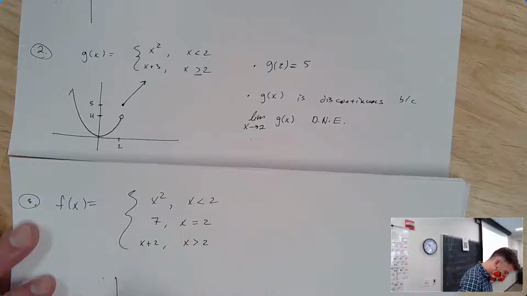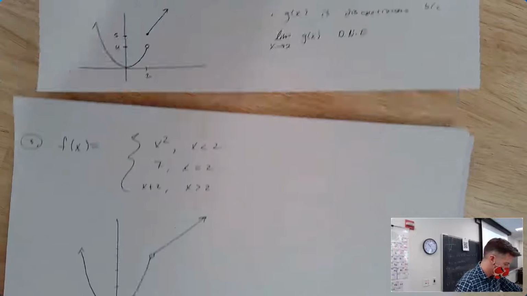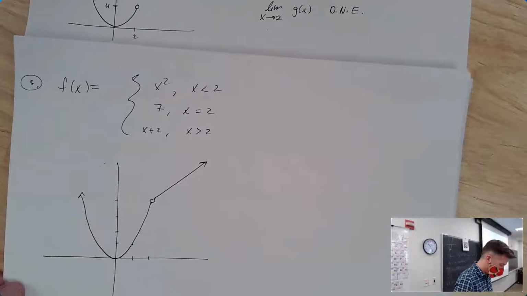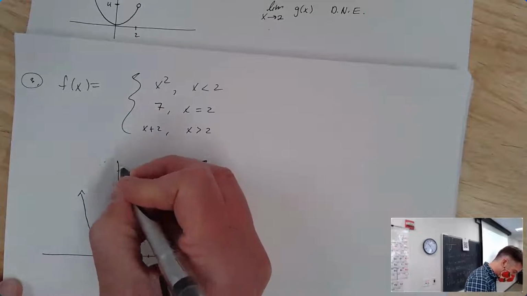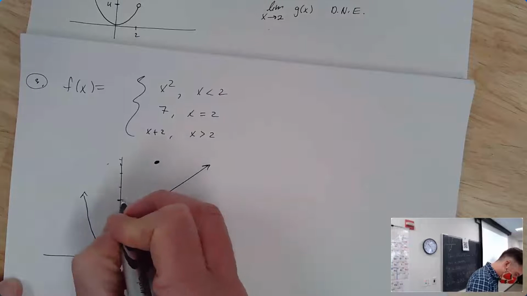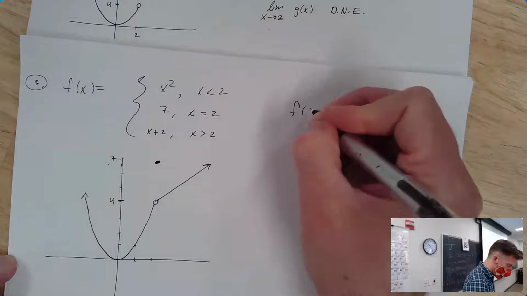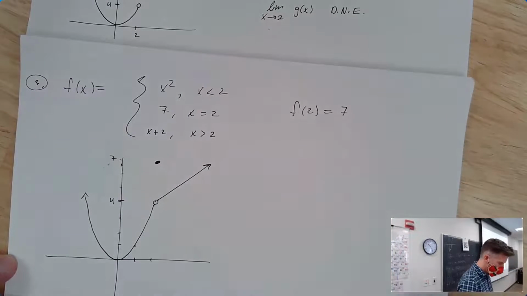Little parabola to the left of 2. And then to the right of 2, it's the straight function. But then at 2, it's equal to 7. So f of 2, definitely 7.